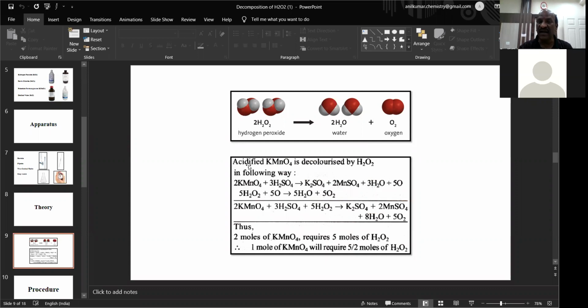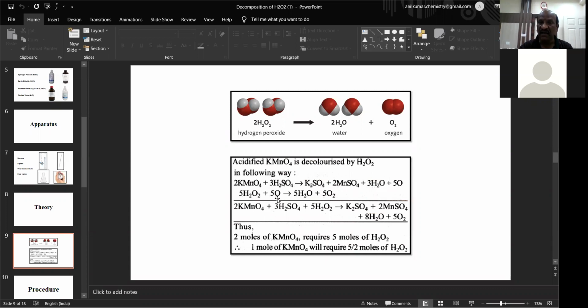Acidified KMnO4 will give K2SO4, potassium sulfate, manganese sulfate, and water, and oxygen will be liberated.